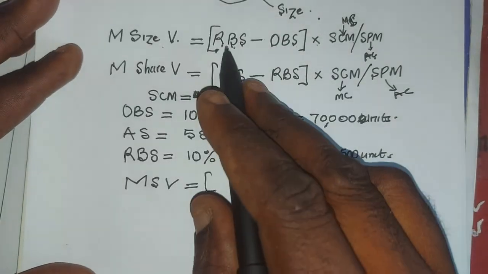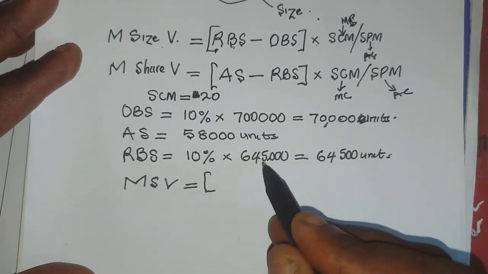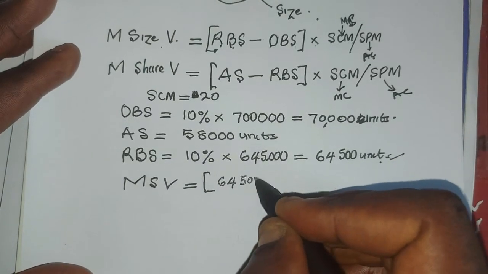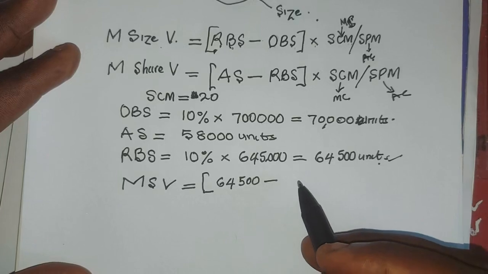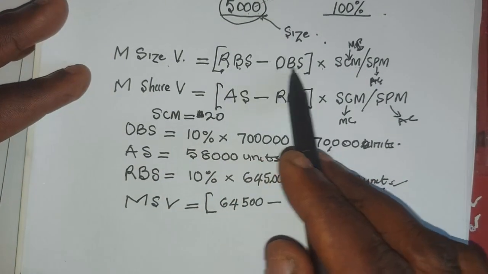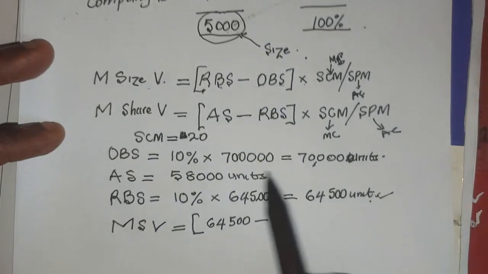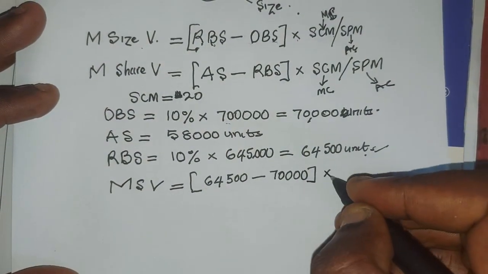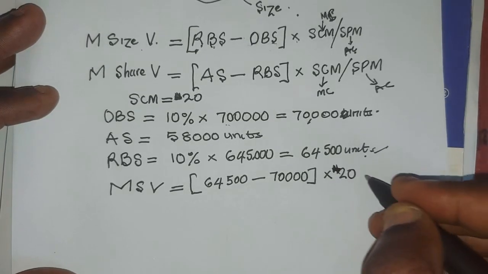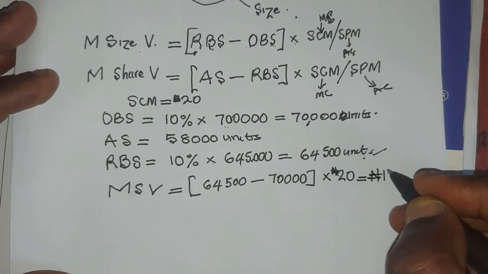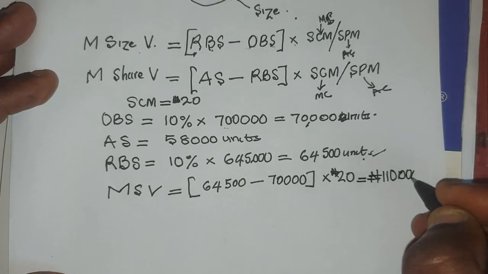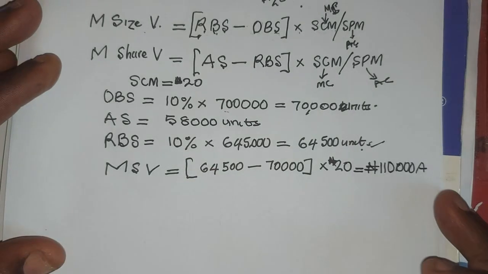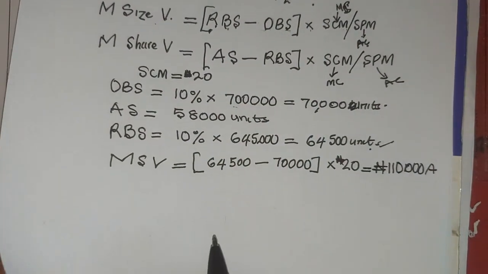The revised budgeted sales is 64,500 units minus the original budgeted sales, which is 70,000, then multiply by 20 naira, and this will give us 110,000 adverse. Your answer will give you negative, and that is adverse.